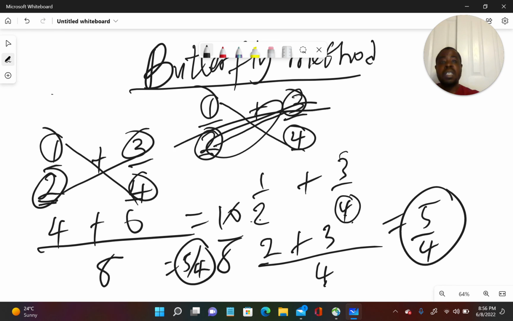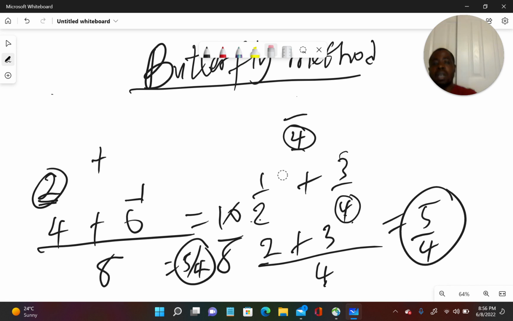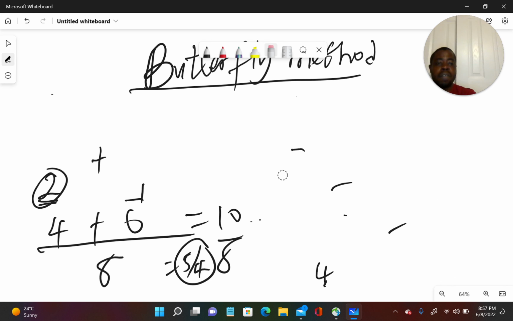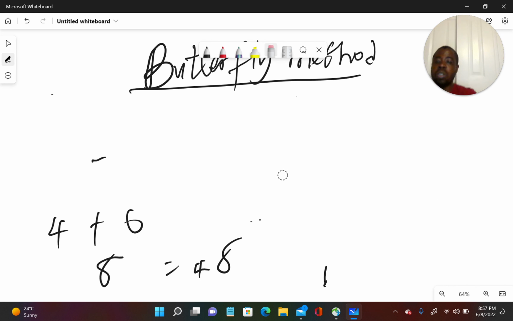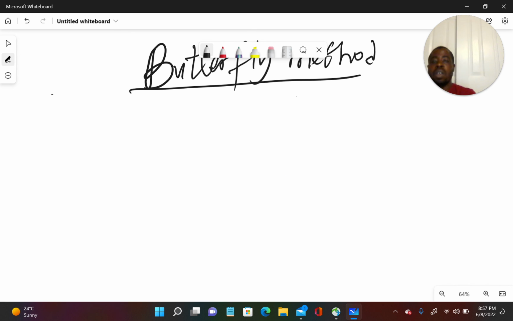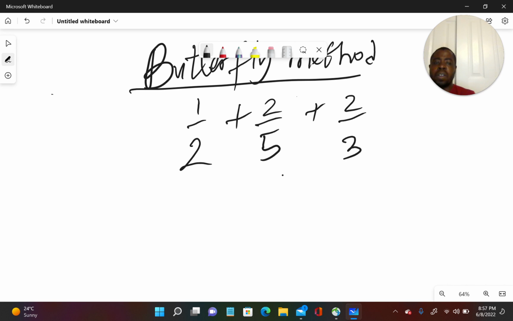If you have three fractions to add up, I'm not sure if that will work for three fractions. Let's add up three fractions, okay? Let's add up 1 over 2 plus 2 over 5 plus 2 over 3.